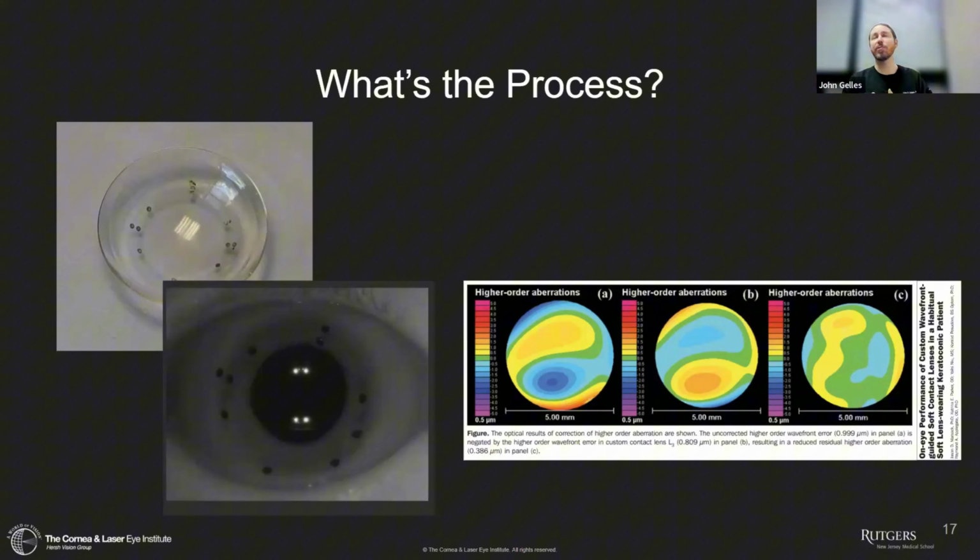In some individuals, if you just have a very well-lit clinic and you just cannot control the light, you may need to dilate the individual to be able to get a large enough pupil. That all said, once you get the largest pupil possible, you'll go ahead and capture that image or that aberrometry through the whole optical system with the lens being worn. So you'll get your total higher order aberration with the lens being worn.